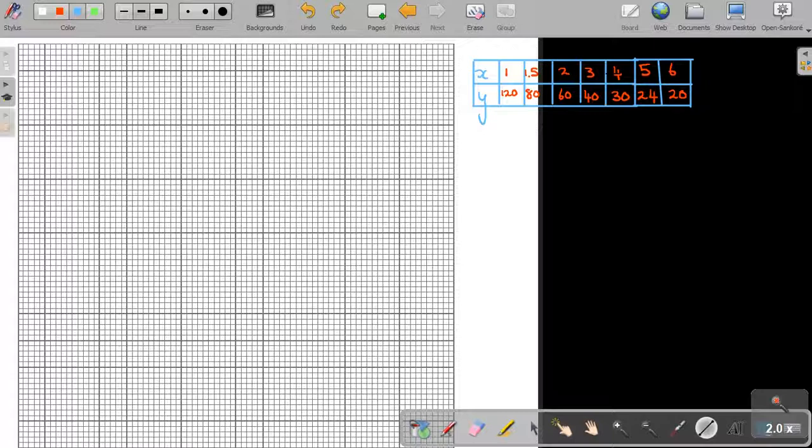They said 2 centimeters to represent 1 unit on the x-axis. Okay, so 2 centimeters, there's no negative numbers. So let's just see how much down. It will be here, can you see? Because only positive values.